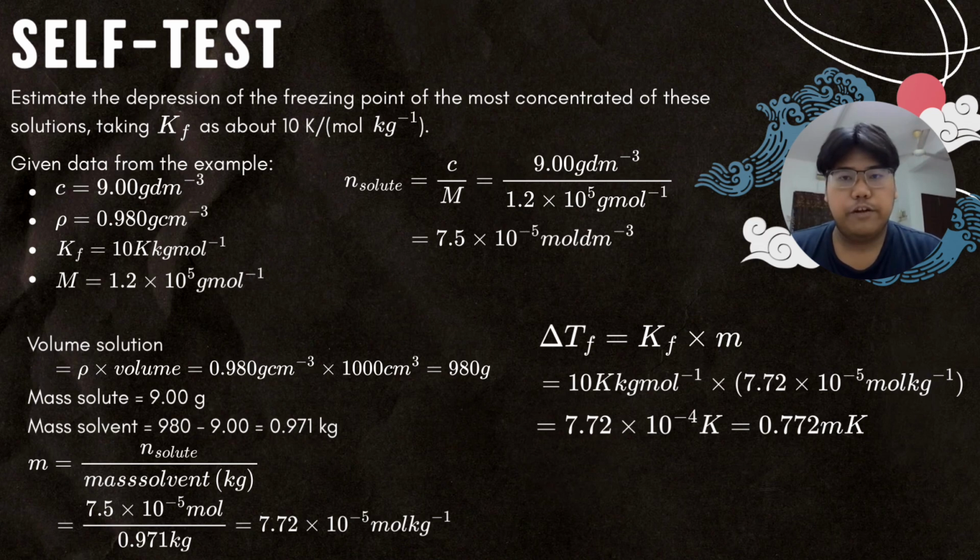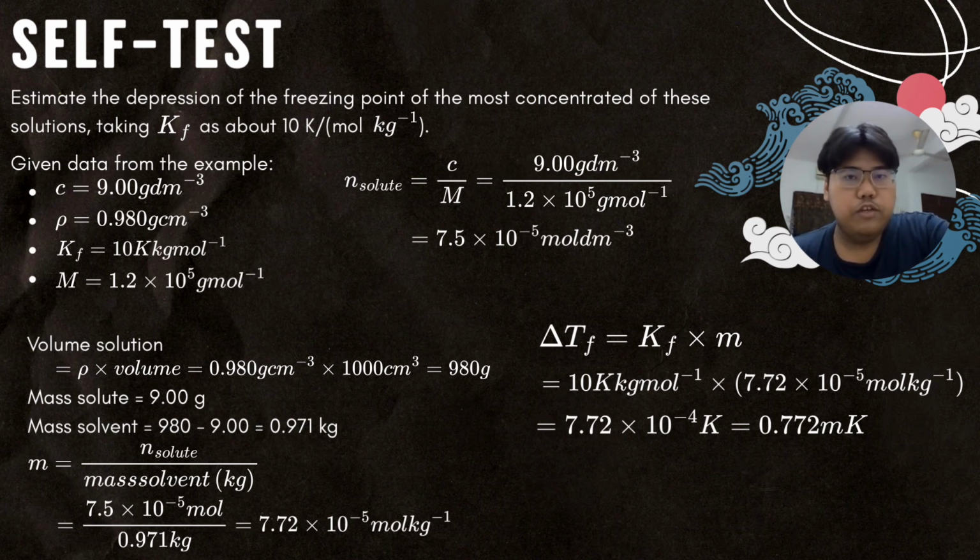So the mass of solute is 9 gram, and the mass of solvent is 0.971 kg. After that, we need to calculate the molality using the equation m equals n solute over mass of solvent in kg. As usual, we just substitute the values and we will get 7.72.